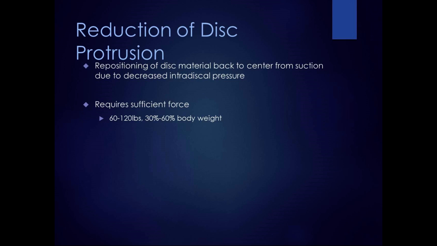So traction can help reduce disc protrusion. It actually can reposition the disc material back to the center from suction due to increased intradiscal pressure. Again, it requires sufficient force. So you need 60 to 120 pounds, or 30 to 60% of body weight. So in order to reduce disc protrusion, you need quite a lot of force.